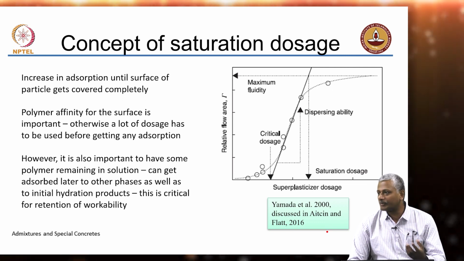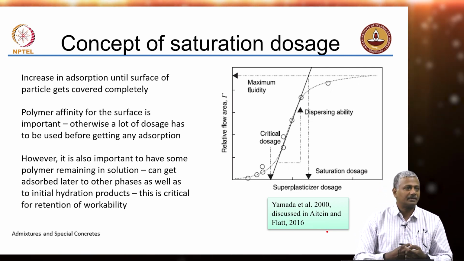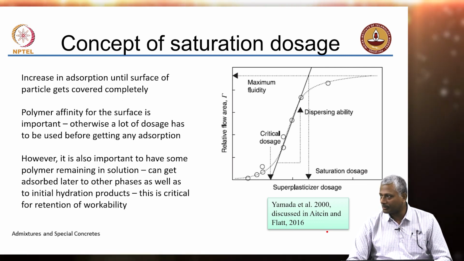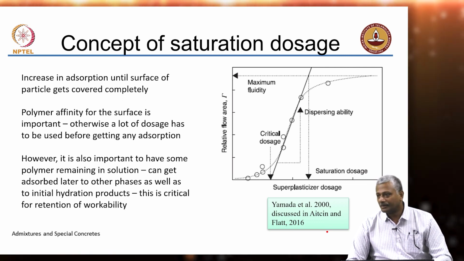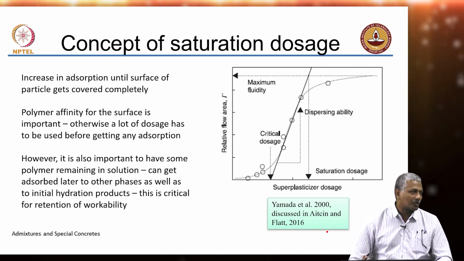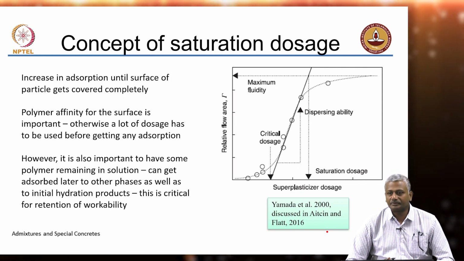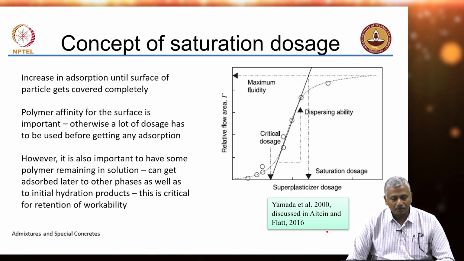It gets available because the admixture is water soluble. It mixes with the water and is available throughout the volume of the concrete. And your mixing also is very important. You need to mix properly. Yeah, if you don't mix properly, you will not really have the admixture available to all of the cement. So that is definitely something that you have to look at.